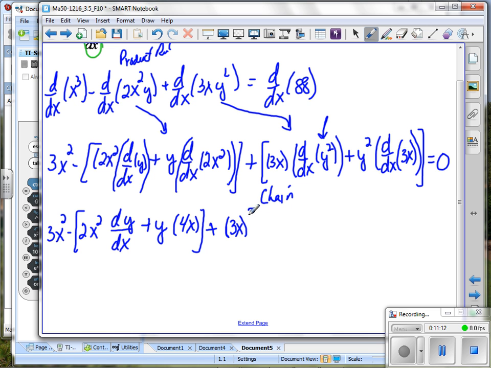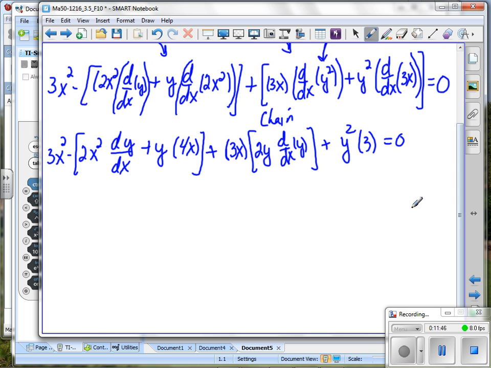So I'm going to have the derivative of the outside function. If I'm looking at y squared as my composite, what's the derivative of the outside function? 2y. Times the derivative with respect to x of the inside function, plus y squared, and my derivative of 3x is just 3.